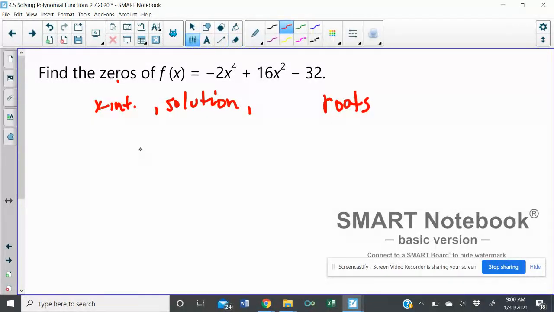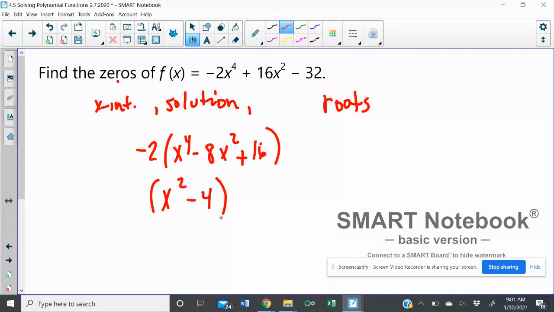So take out your -2, x fourth minus 8x squared plus 16. You get x squared minus 4 2 times.